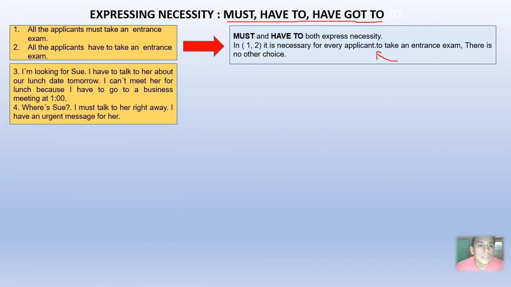And in this part, we also have a couple of examples. Number 3 is: I'm looking for Sue. I have to talk to her about our lunch date tomorrow. I can't meet her for lunch because I have to go to a business meeting at 1 o'clock. And therefore, in this part, we have a question.